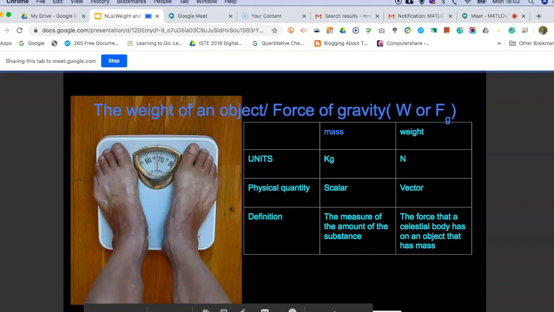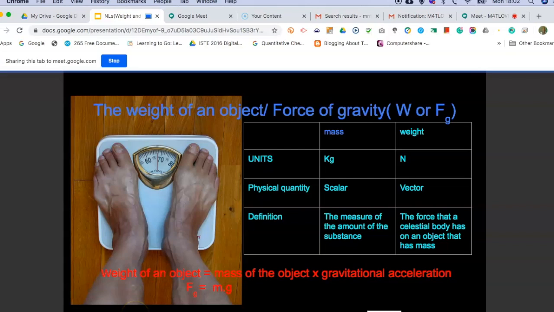So I can say I weigh 800 newtons downwards. I can say the car is moving at 100 kilometers per hour south. Because I've said south, I'm no more talking of a scalar as I did with speed. Now we are talking of velocity. So that's the major difference in science between the two.